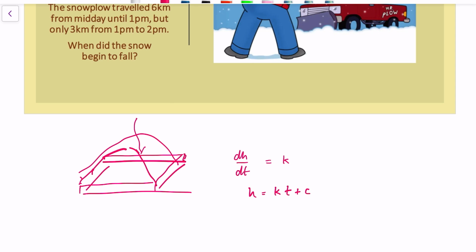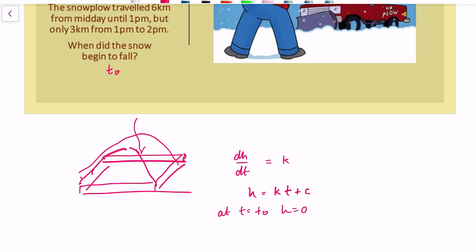But we're also told that at the time that it started snowing, which is the thing we're trying to find, so let's call that t₀, at t = t₀ the height of the snow would be equal to 0. There's no snow there at that particular point in time.